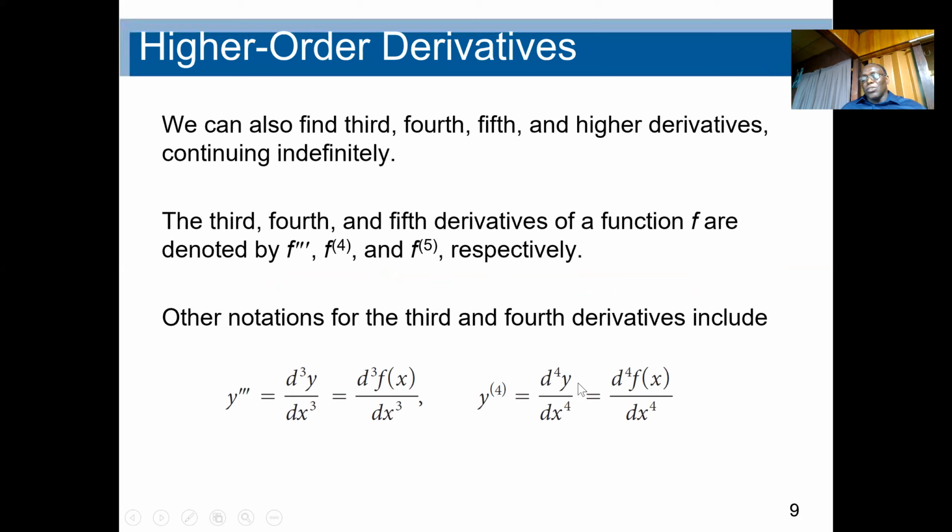Fourth derivative, we say d to the power 4 y by ds to the power 4. Those are the symbols we use. But again, we are still using the same derivative formulas or rules. This time we just have to find the higher order ones, second, third, fourth.